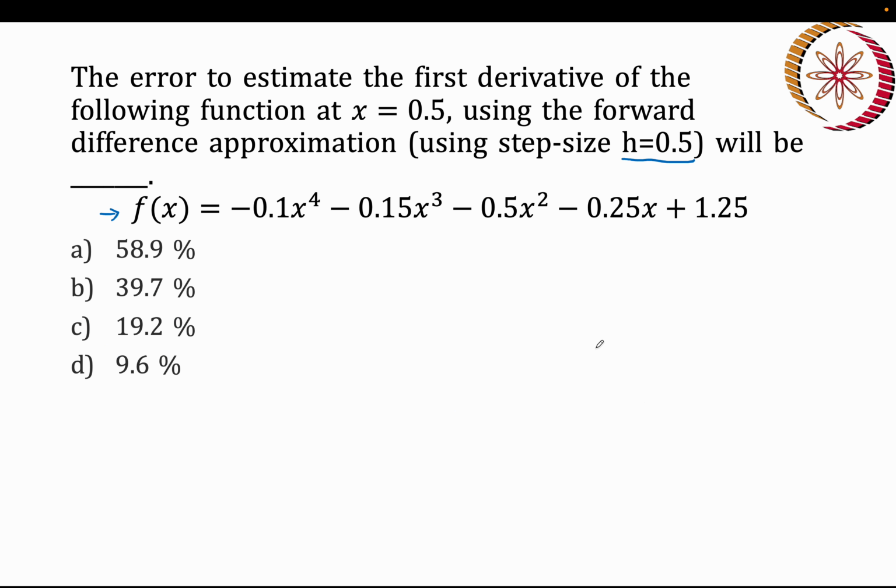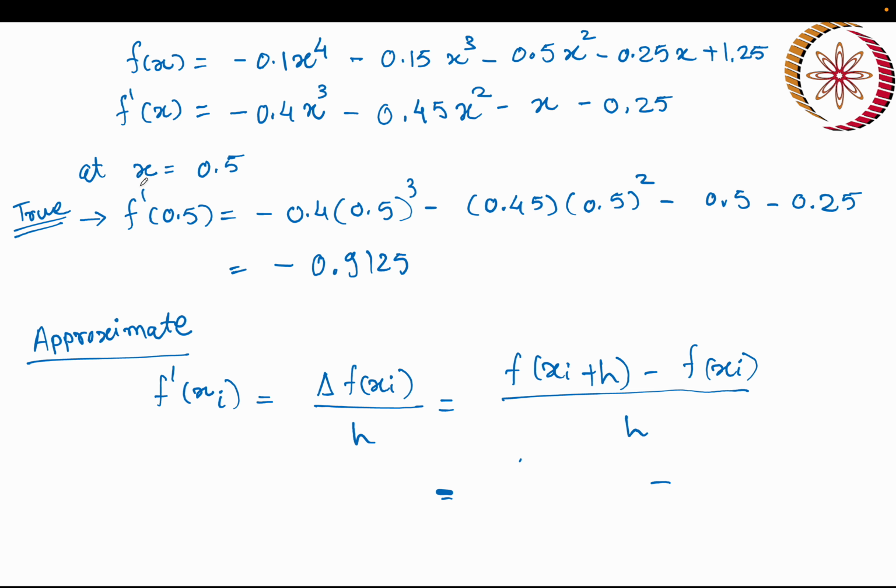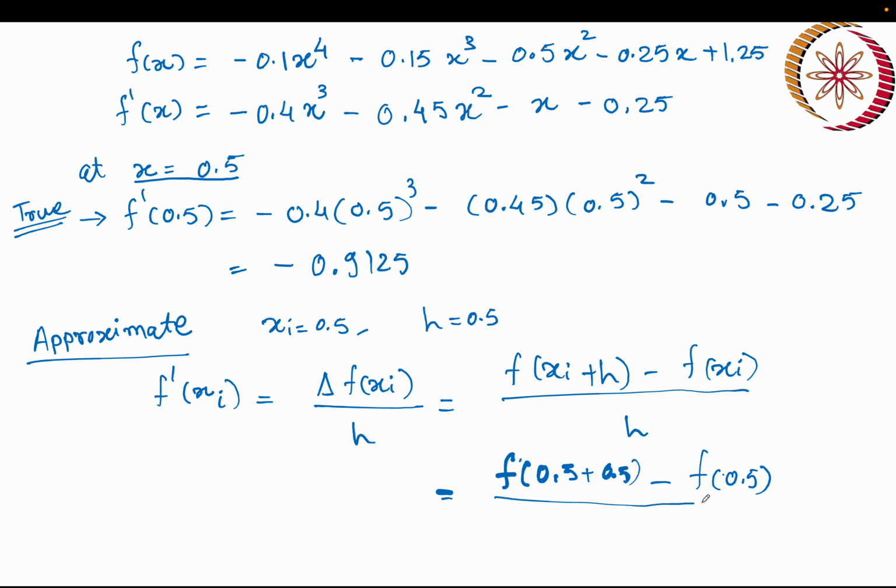So xi is 0.5 and h is also 0.5, and the whole is divided by 0.5.